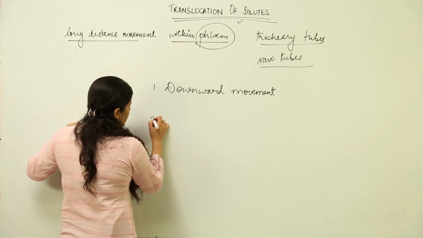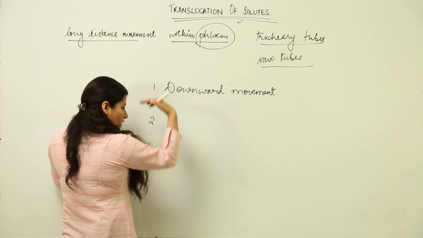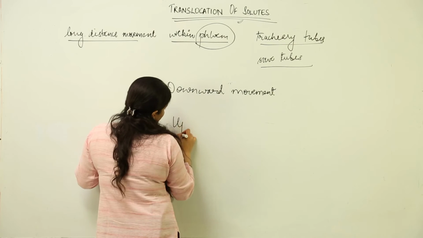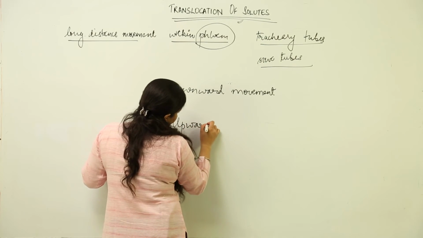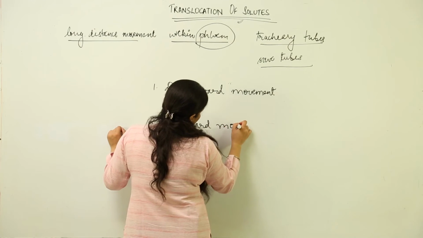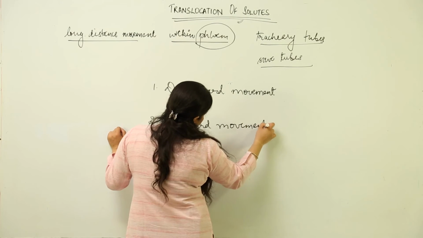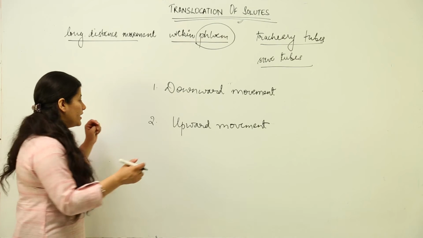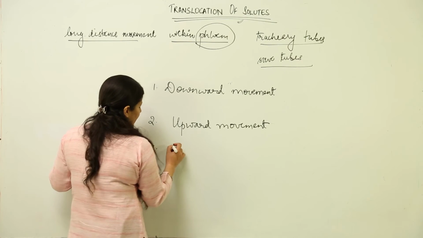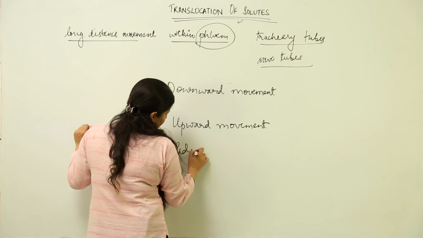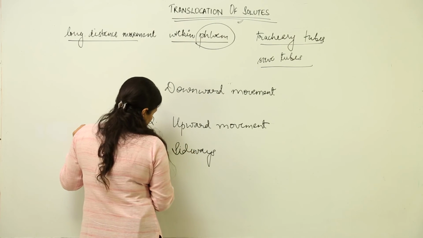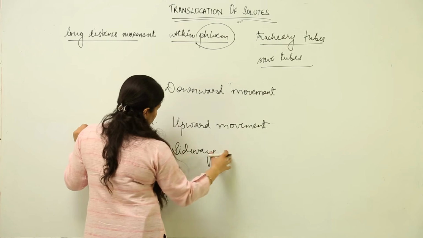At times the storage organ could be located below and the leaves would act as the sink, so that would be upward movement. In certain cases there is sideways movement, and in certain cases there is bidirectional, in both the ways. So we have primarily two movements.